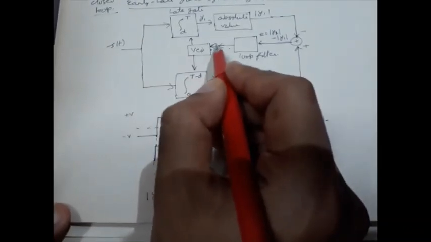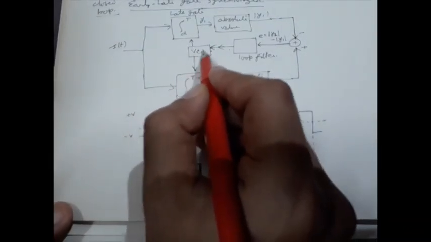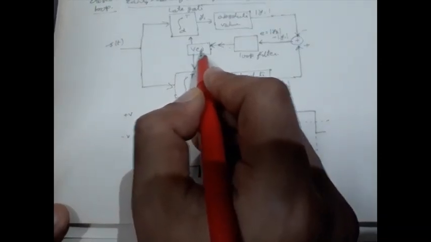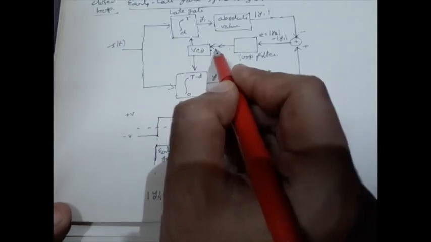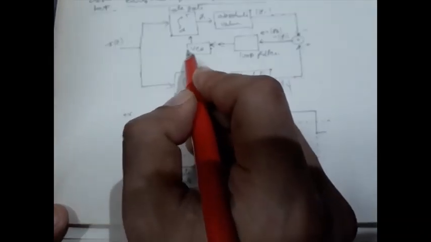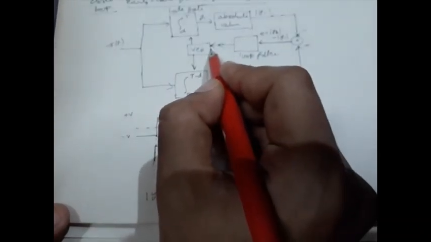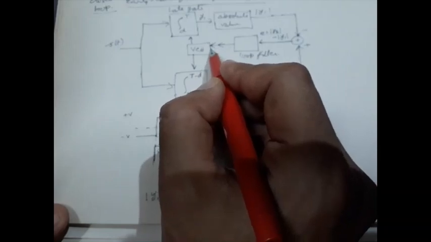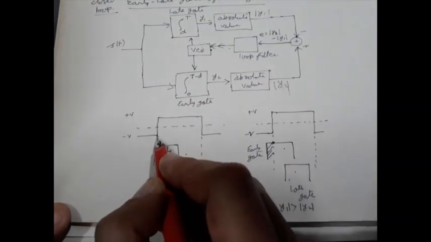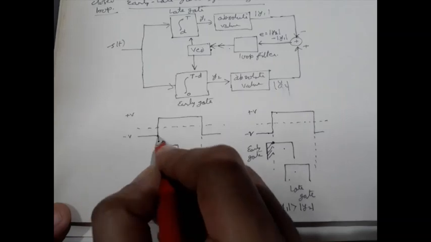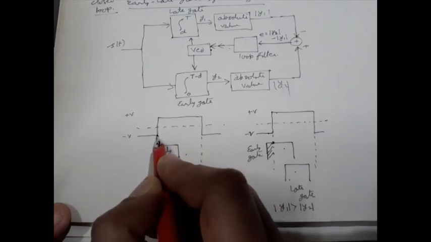VCO, voltage control oscillator, follows this rule that if input signal is lower, then output frequency will be lower. So if input error voltage is now lowered, the output frequency will also be lowered. In such a way, it will come back to its original point of start.